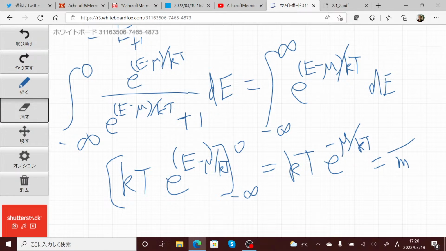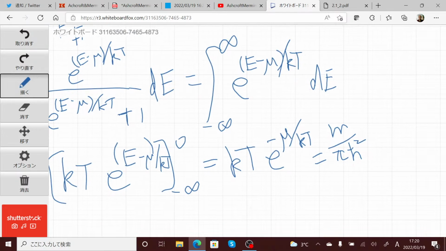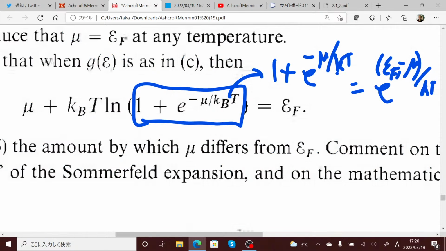So this is like pi h bar square m times mu minus EF. So there is no mass. There is no mass. Let me see. Okay, I understand.